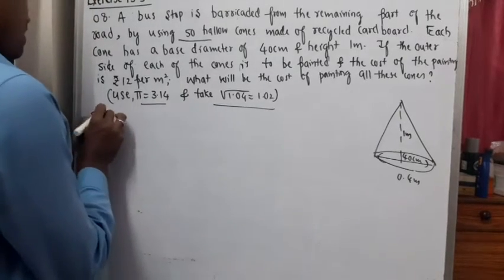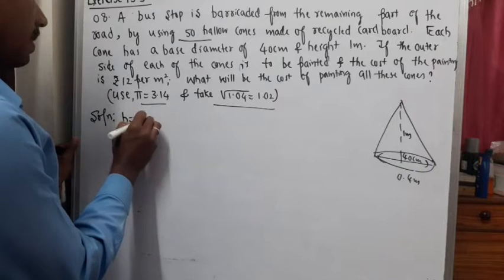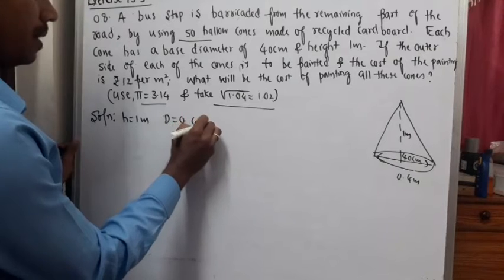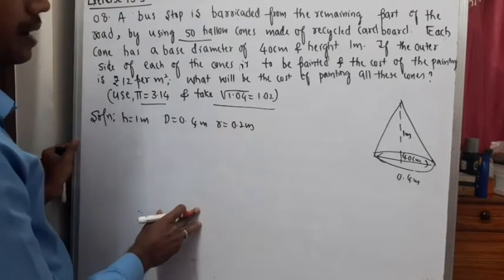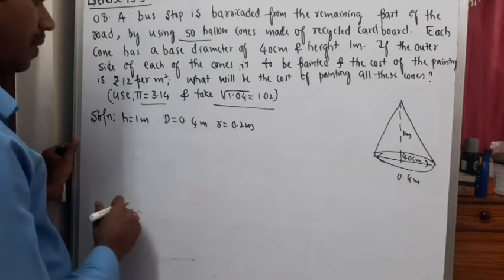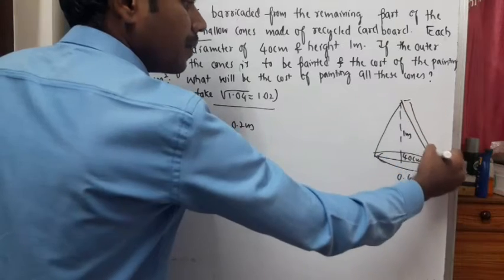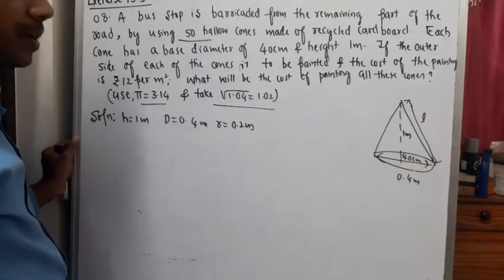So we'll write down the given data. Height is equal to 1 meter. Diameter is equal to 0.4 meter, but radius is equal to 0.2 meter, right? First we need a slant height to calculate the curved surface area of the cone.